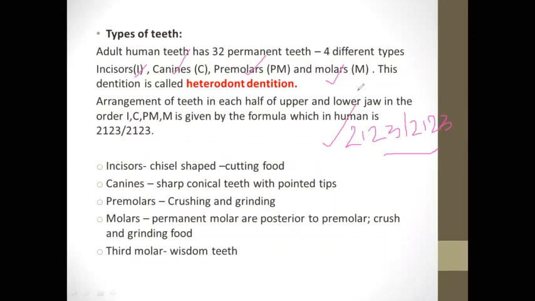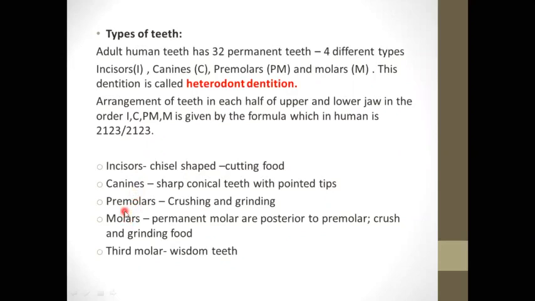And what are the different types? We saw that incisors, canines, premolars, and molars are there. And what are the purposes of these types of teeth? Initially, incisors are chisel shaped and used for cutting the food. Then we have the canines, which are very sharp and conical with pointed tips. And we have the premolars and the molars.